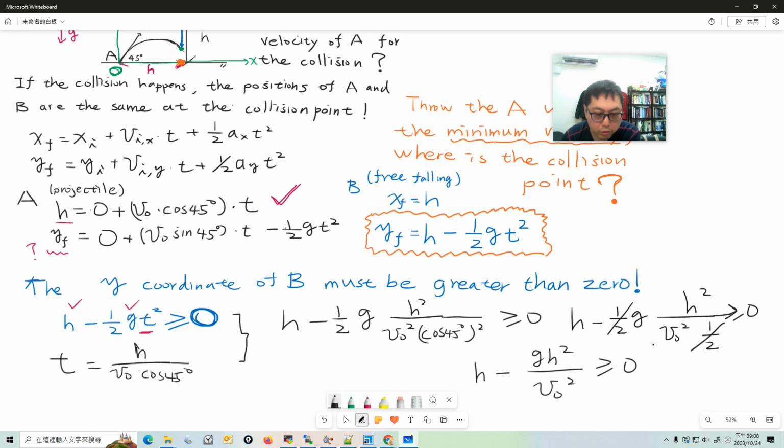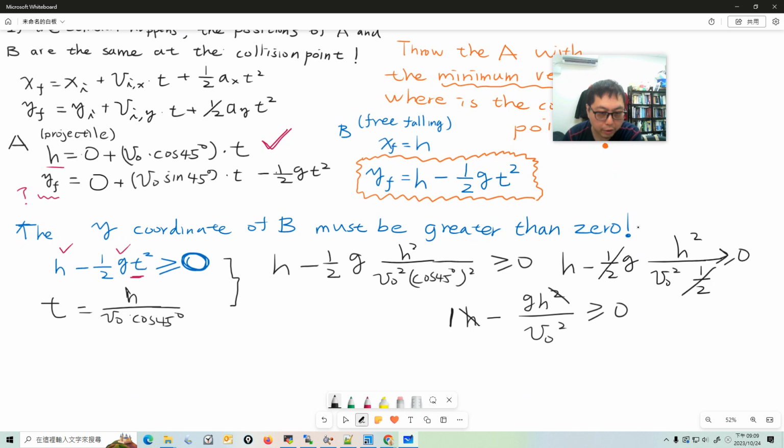Divided by h, here it becomes 1. So 1 is greater than g h over v naught squared. So v naught squared is greater than g h.